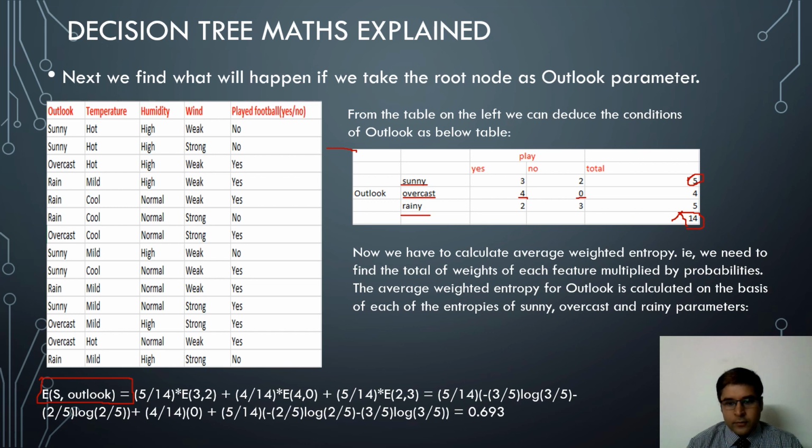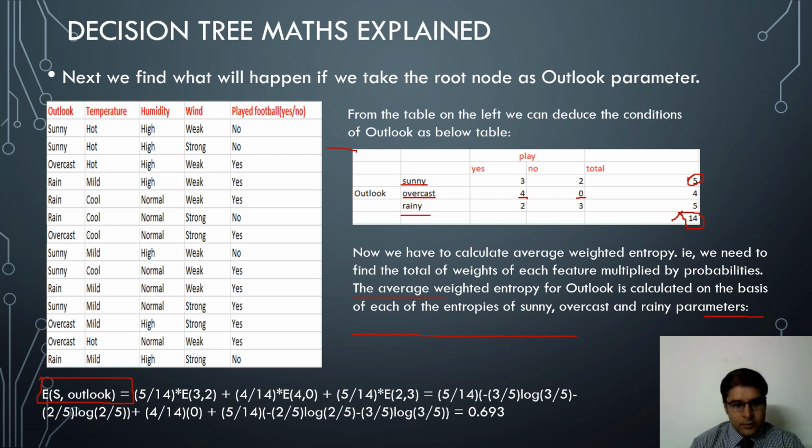So that will be the weights of each feature, multiplied by probabilities here. Probabilities are the same as we calculated earlier. So the probability of yes for sunny will be 3 by 5, and the probability of no will be 2 by 5. So the average weighted entropy for outlook is calculated on the basis of each of the entropies of the sunny, overcast, and rainy parameters as below.